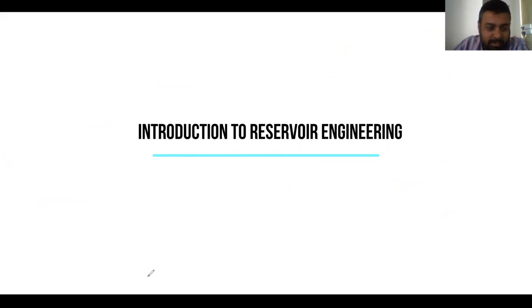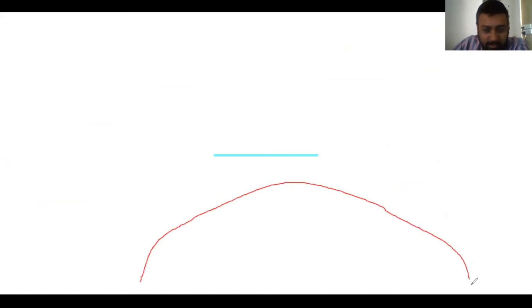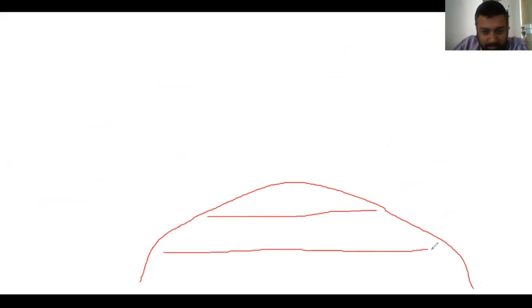Now, as we say that we have oil and gas reservoirs, and then we always make such a structure. As you see in the videos, these structures were the same. So we have three phases here.